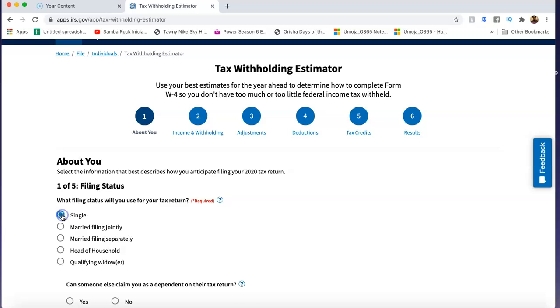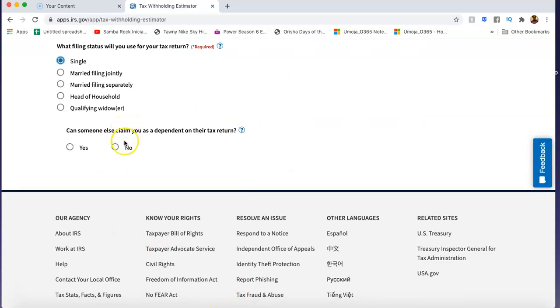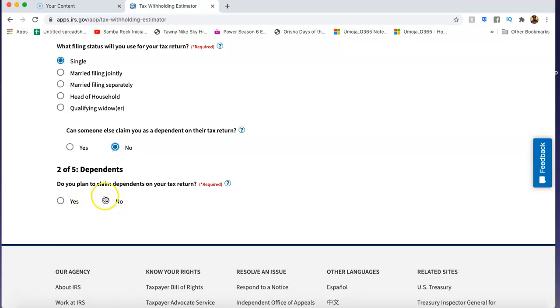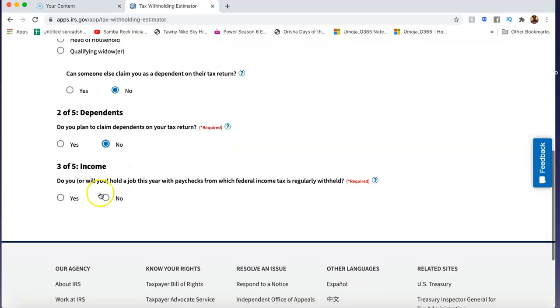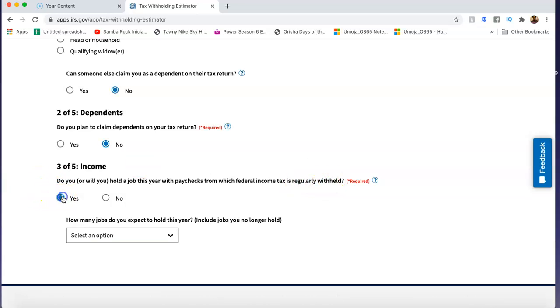So we're going to do single, no children, so no dependents. Can anybody claim you as a dependent? No for her. Does she have any children to claim? No. Income: she has a job this year with paychecks from which federal income tax is regularly withheld, so she's going to say yes.